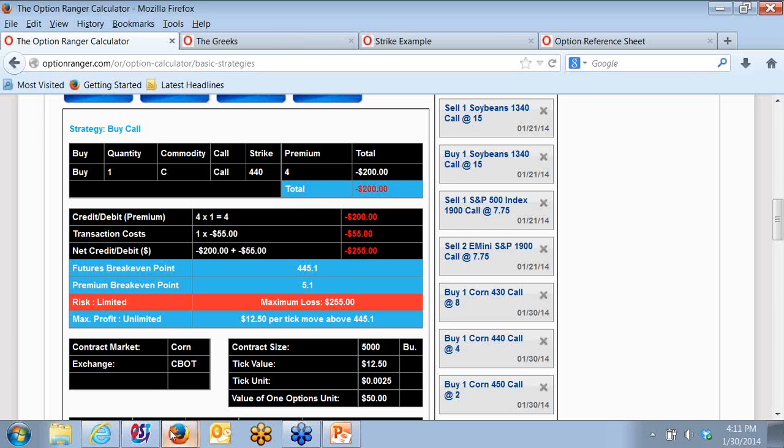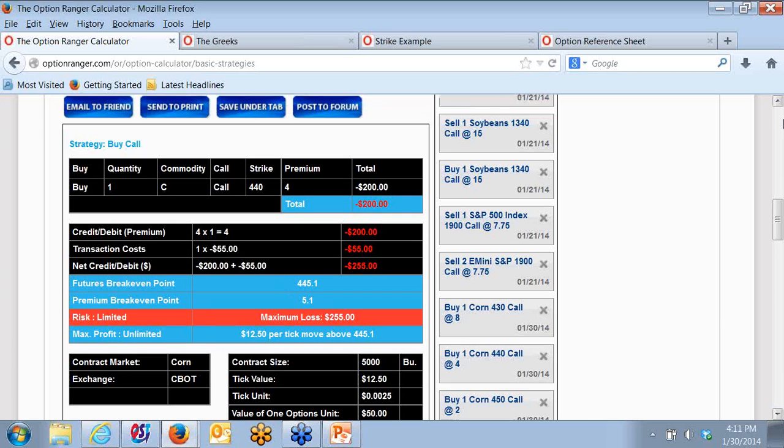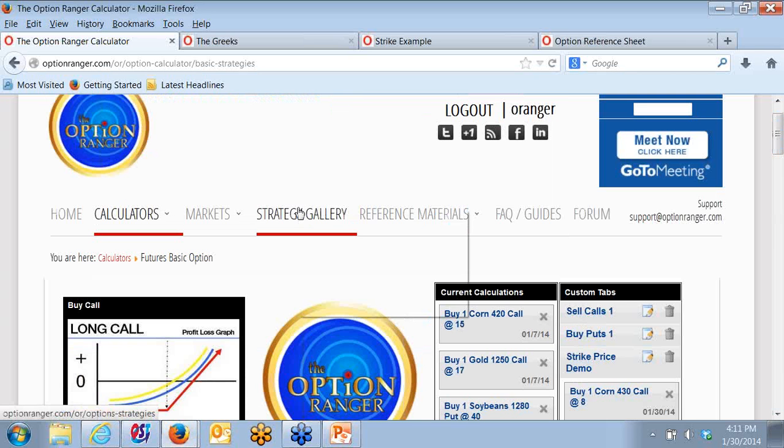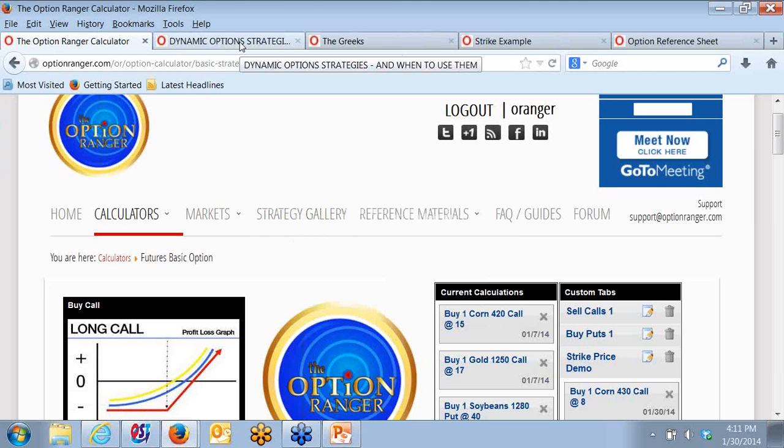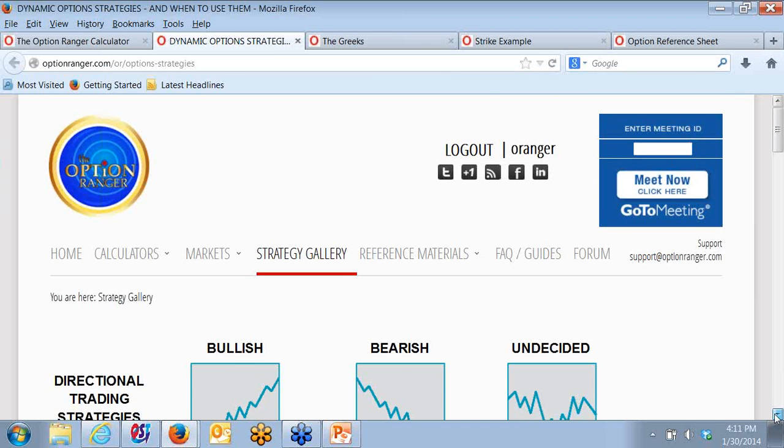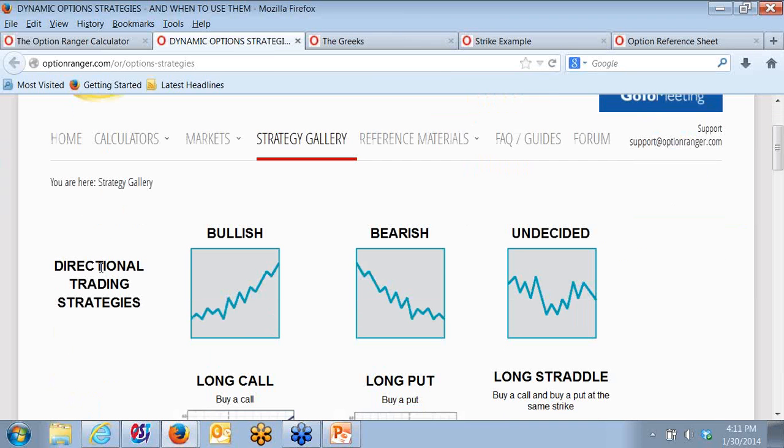If you'll remember, and let me just take you briefly back to our strategy section, if I may, to our strategy gallery. There are many trades, and there are certainly many expectations that we can have. Let me just go there for a moment, in which a person may have no sense of direction. Remember, it can be bullish, bearish, or undecided.